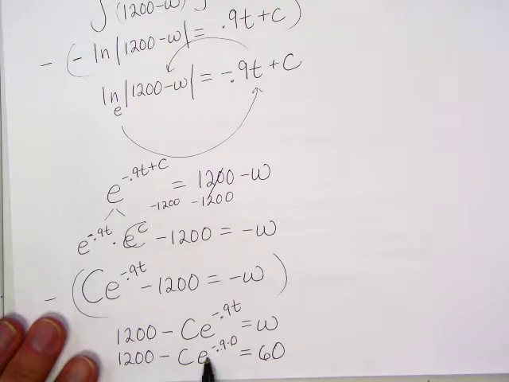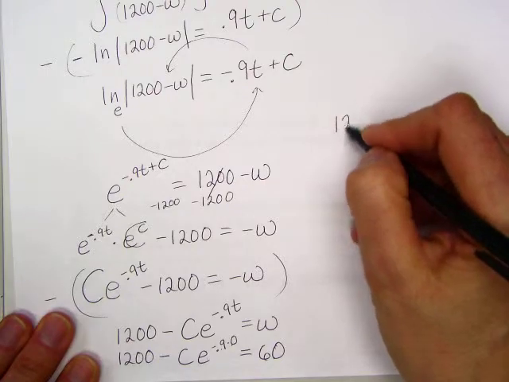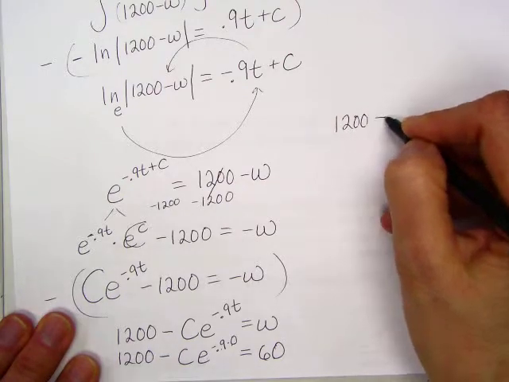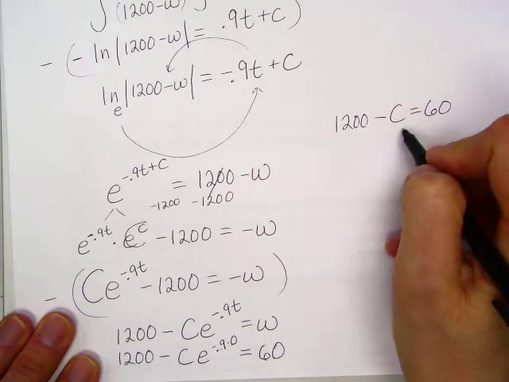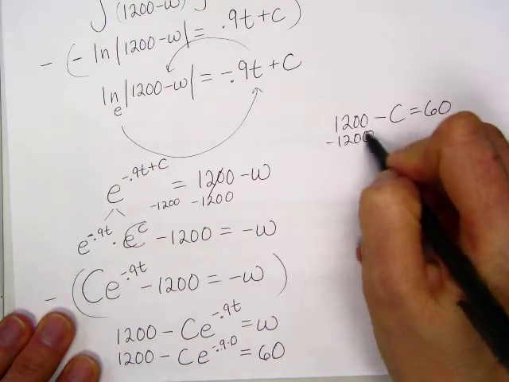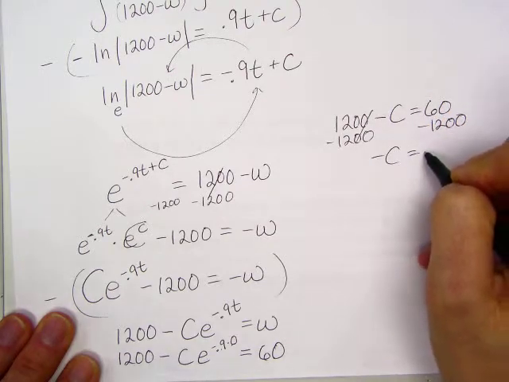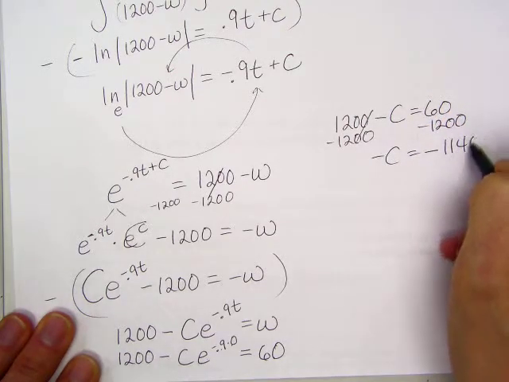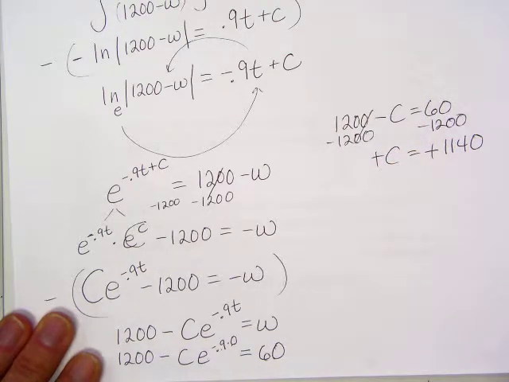E to the 0 is 1. 1 times c is c. So we have 1200 minus c equals 60. So we'll subtract 1200 from both sides. Negative c equals -1140. So positive c equals positive 1140.